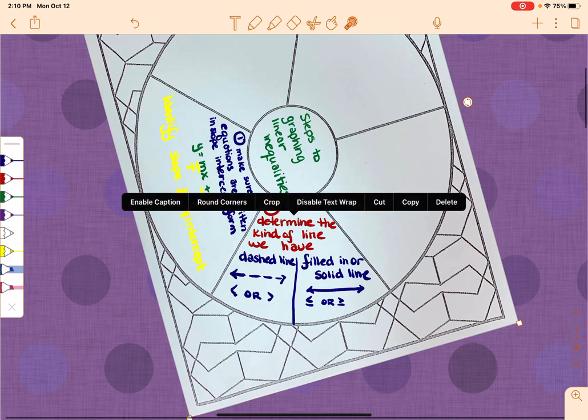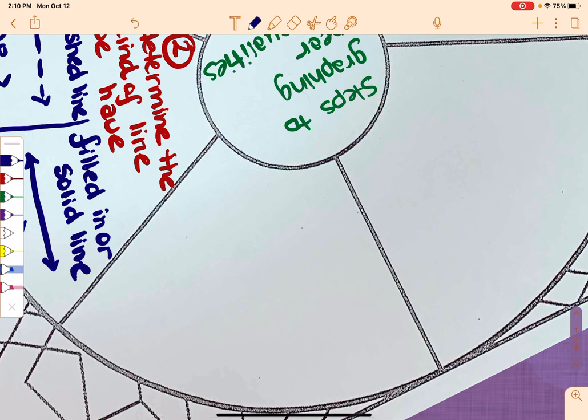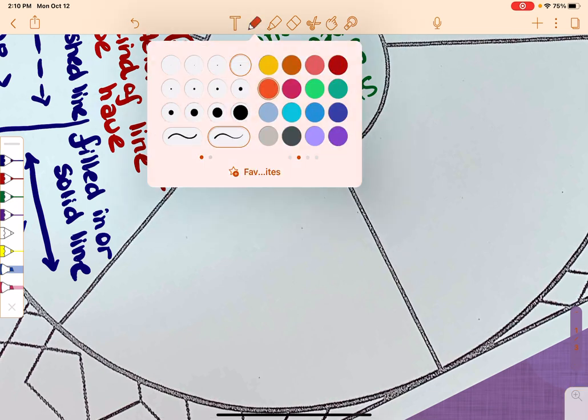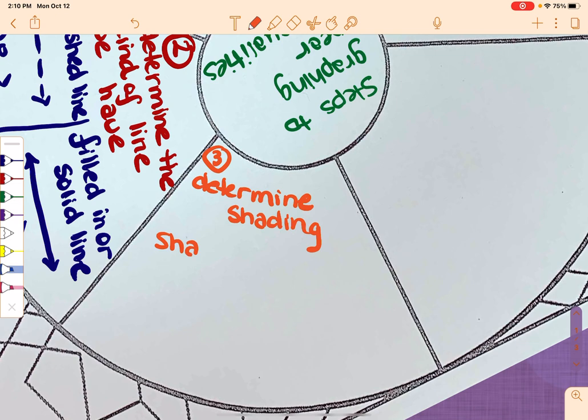Okay, let's go to step 3. For step 3, we need to determine what shading is going to happen. Now I have two kinds of shading. Times when I'm going to shade above the line, times when I'm going to shade below the line.